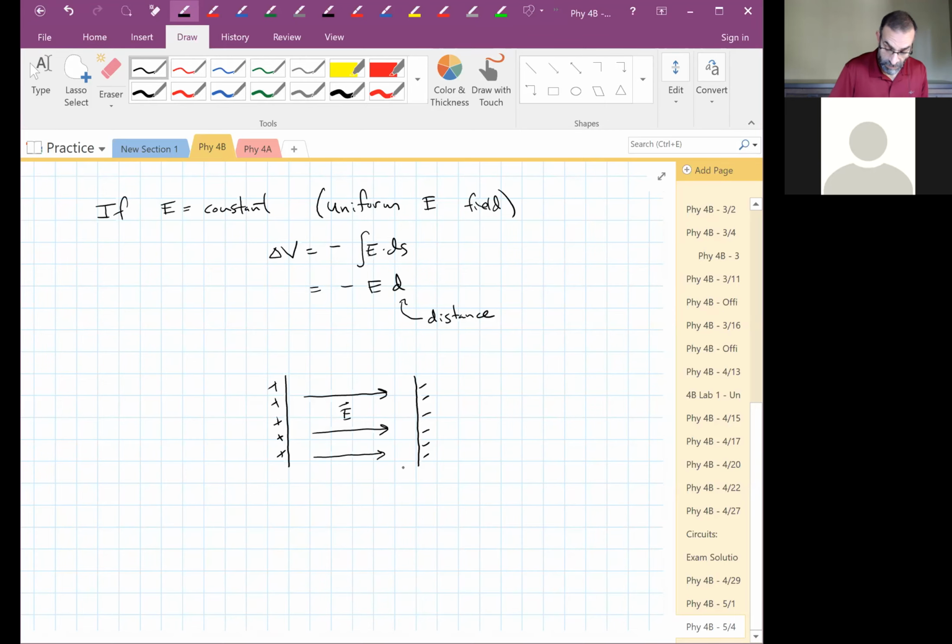If I told you that the negative plate was V equals 0, what would the other plate be? Positive or negative? Has to be positive.